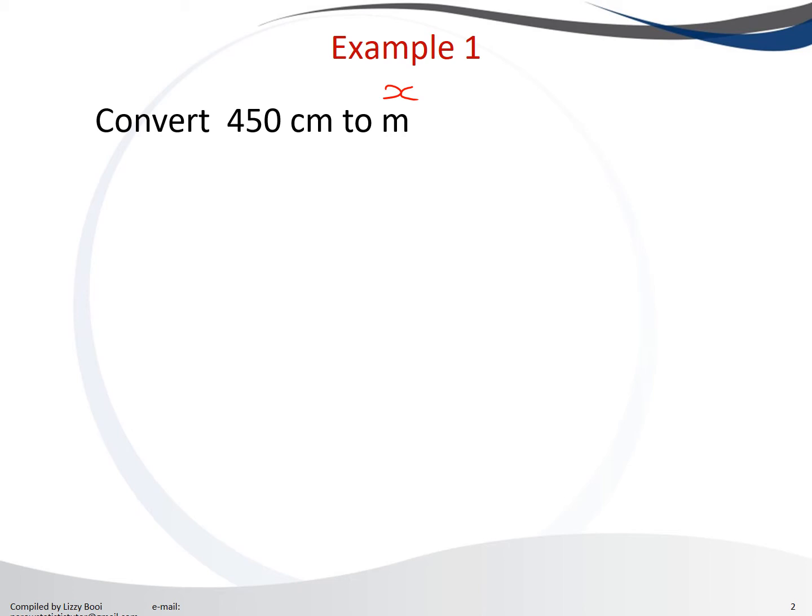It's our unknown number. We want to convert 400 centimeters to x meters. So we can write this as 400 centimeters divided by x.